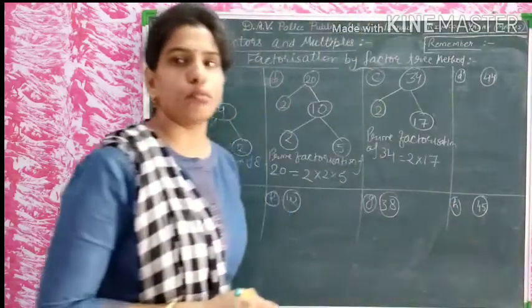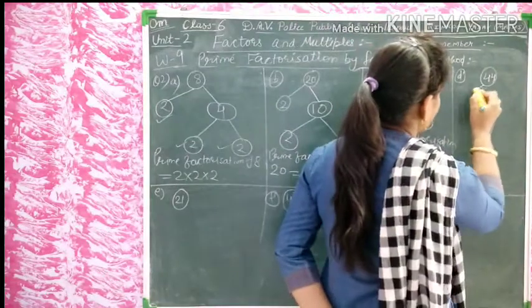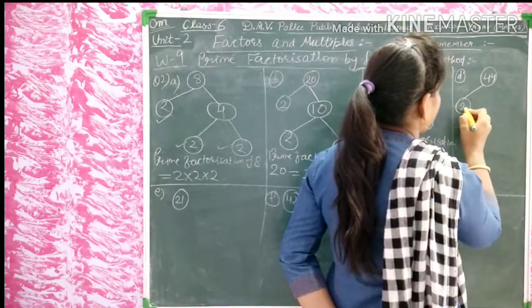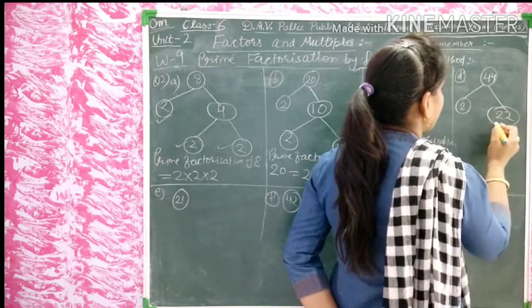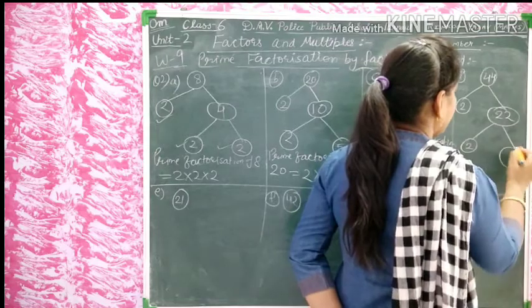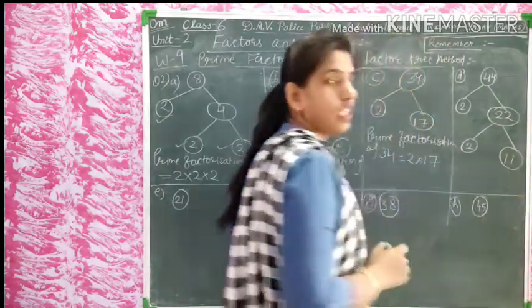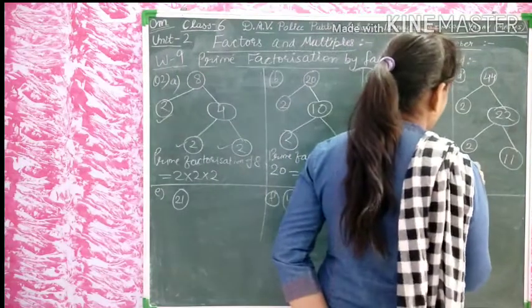Now there is the number 44. We have to divide this number. It is divided by the smallest prime number, that is 2, and we will get 22 here. Now it is also divided by 2. We will get here 11. Now it is prime, so no need to go forward.